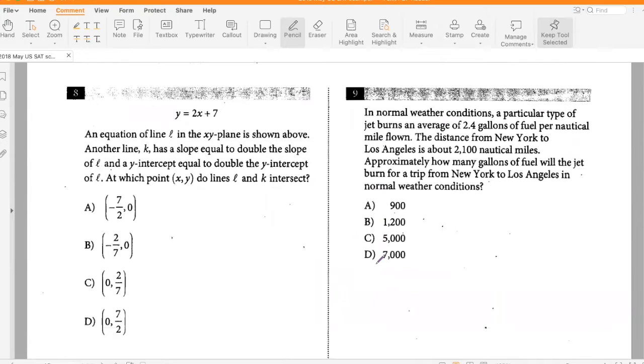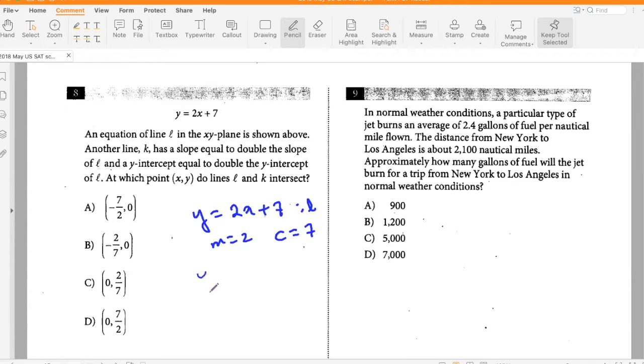An equation of line L in the xy plane is shown above. Another line K has a slope equal to double the slope of L and a y-intercept equal to double the y-intercept of L. At which point do the lines intersect? Okay, so y is 2x plus 7. This is line L. So slope is 2 and y-intercept is 7.